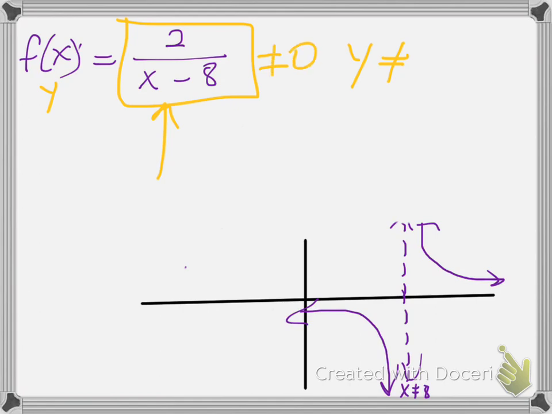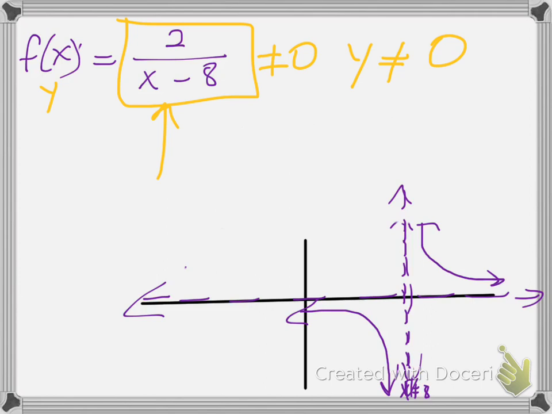So our horizontal asymptote is 0. If you graph y equals 0, it's actually the x-axis, the horizontal line right here. This is my horizontal asymptote, and this is a vertical asymptote for that graph. So y'all can see that your graph is going to get closer and closer to 0, closer and closer to the x-axis, but it's never going to get there. Y can never be equal to 0.